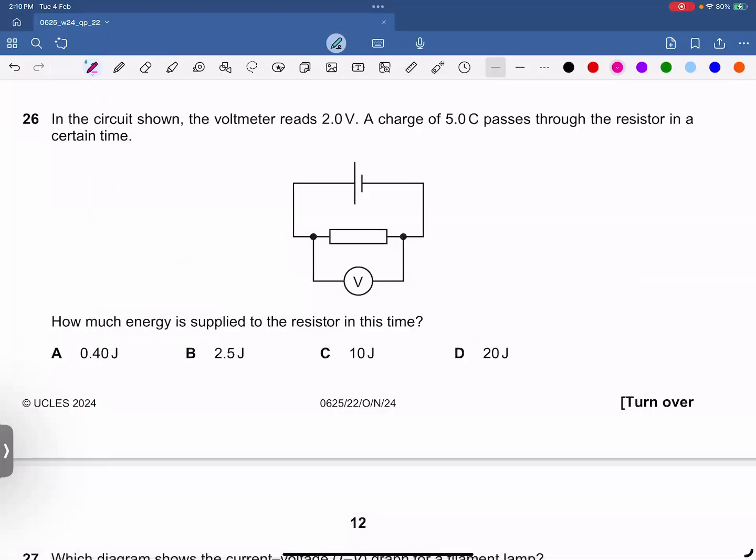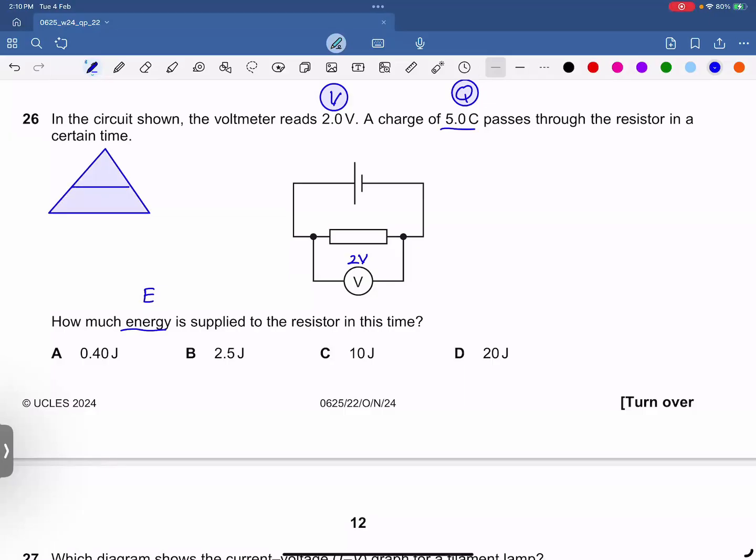In a circuit, the voltmeter reads 2 volts. Okay, this is voltage V, and this one is charge Q. And how much is the energy supplied E? Go to the definition of electrical voltage or PD.